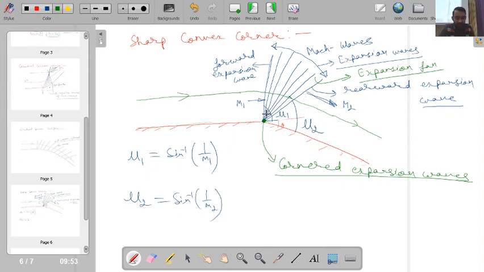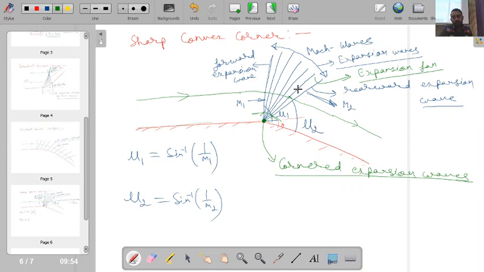And away from this, any streamline passing through this section has this much angular zone over which the properties are varying, and as I move away from the corner, I have a wider zone through which gradual variation takes place.